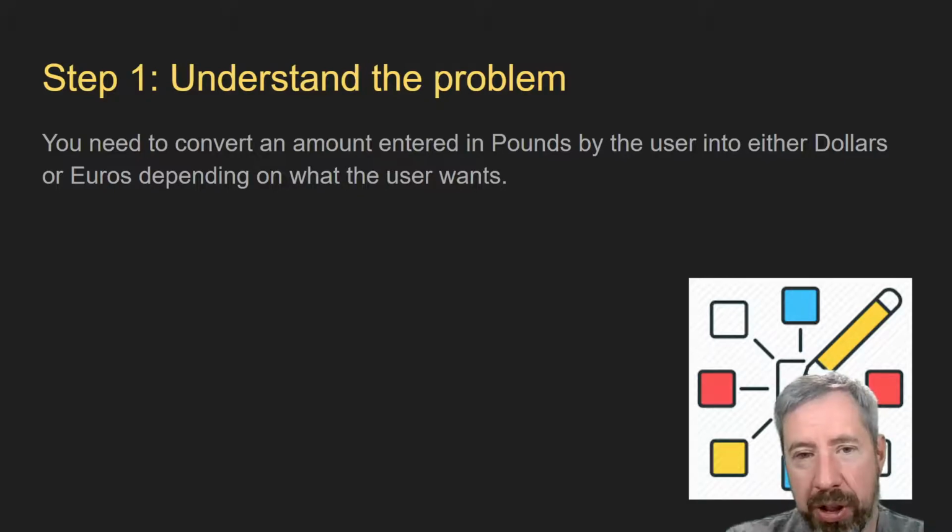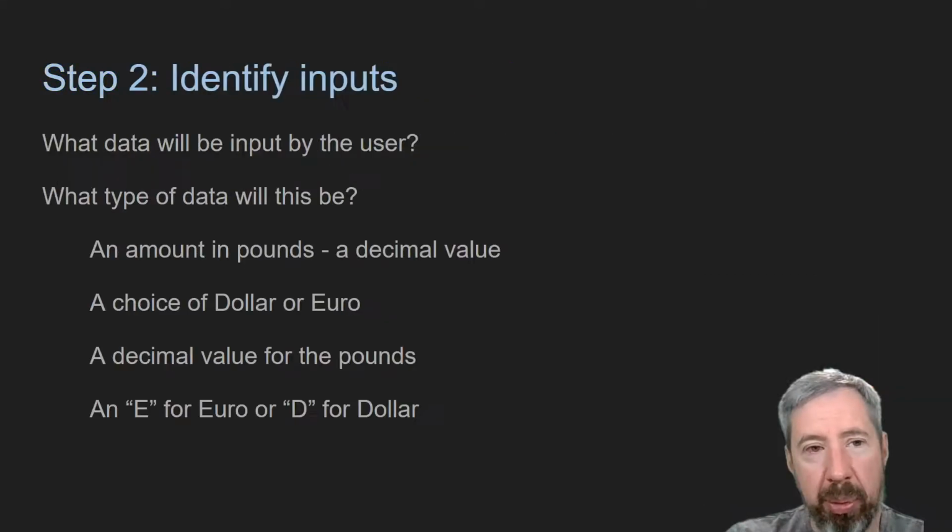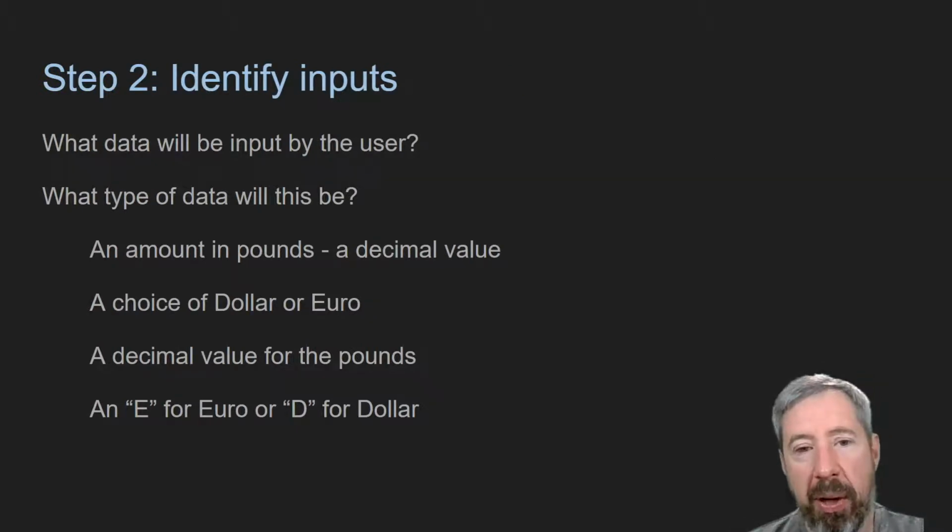So once you're clear on what the specific problem is, you can then start to look at the steps to solve that problem. So the first thing I would do is think about what is the user going to do?